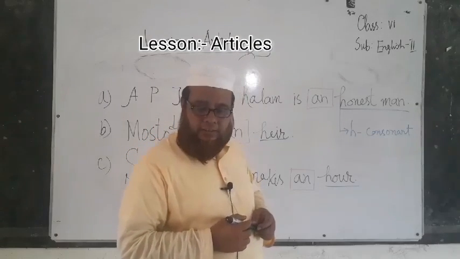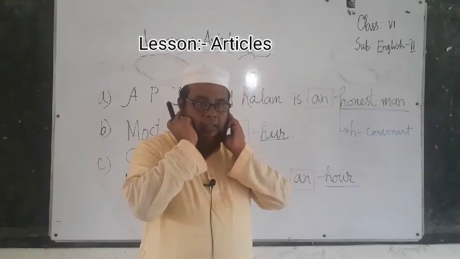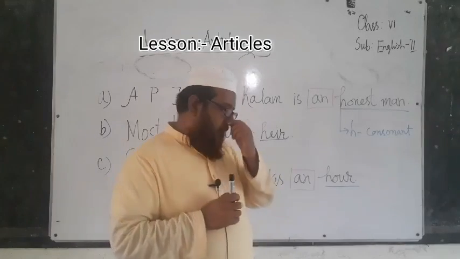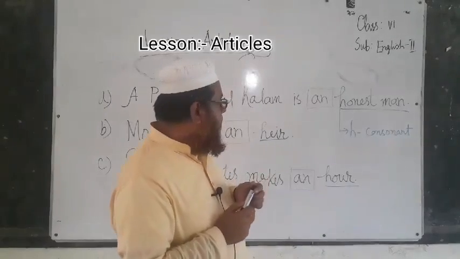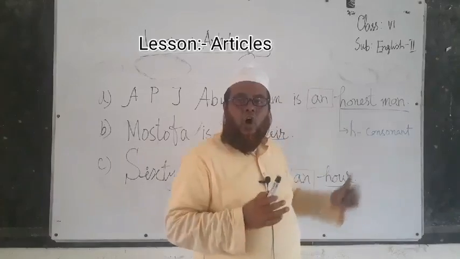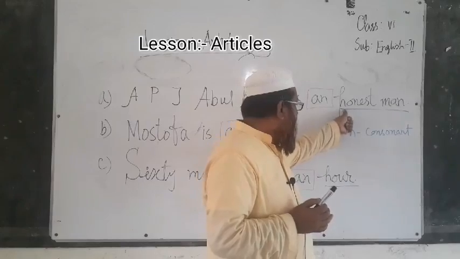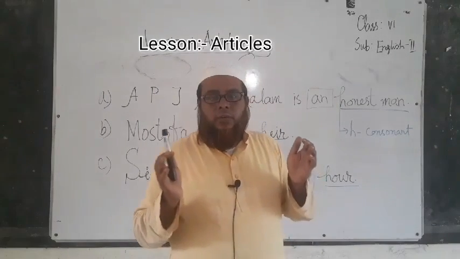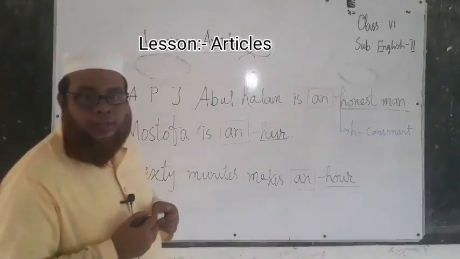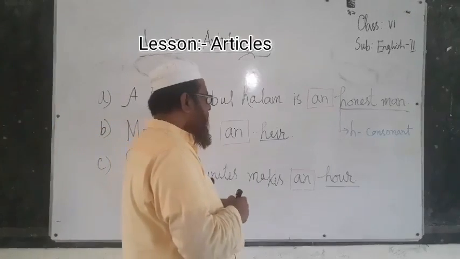The reason is that you have to listen attentively and pay full attention here, my dear student. We have to remember a matter, that is, if H remains silent, if H is not pronounced, then we have to use 'an' instead of 'a'.